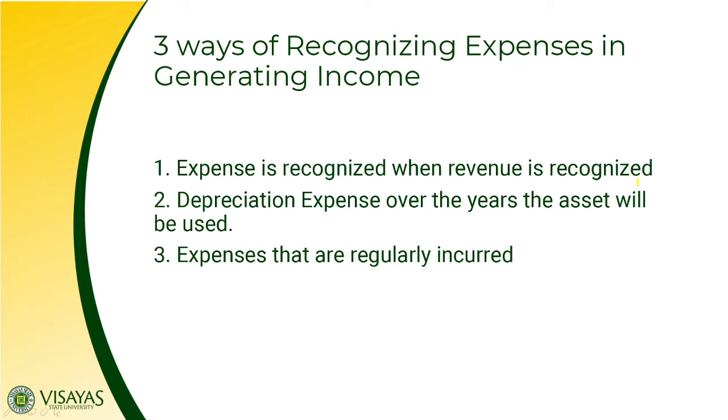The third one is expenses that are regularly incurred. Examples are the salaries for service received from employees, the rent for use of office space, or the utilities for telephone, light, and water services used.